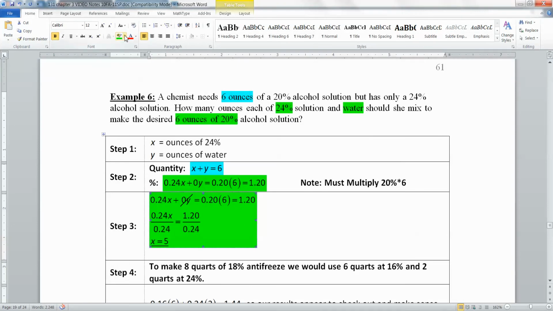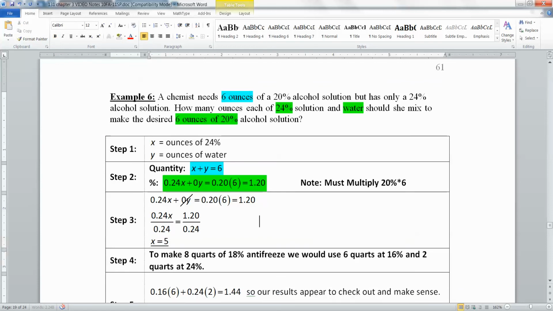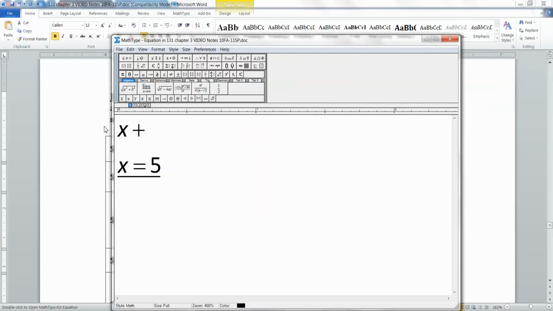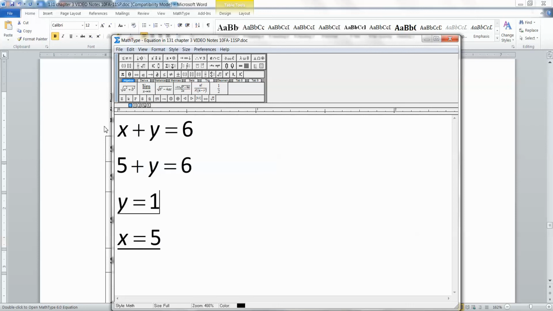And now that I know that, I can say, okay, well, I know that x plus y is equal to 6, and I know that x is 5. Oh my goodness, 5 plus y equals 6, that must mean that y is equal to 1, right? Done.